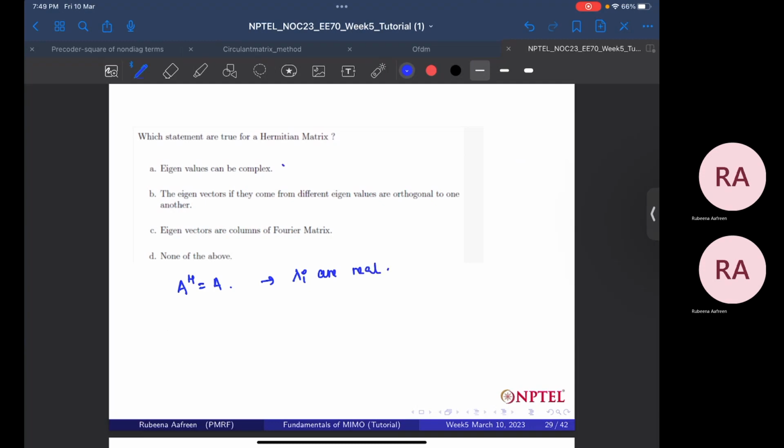So the first option goes off because eigenvalues cannot be complex. Then the eigenvectors are not columns of the Fourier matrix. The eigenvectors are orthonormal, orthogonal to one another, but they are not from the Fourier matrix. So the answer here would be B.